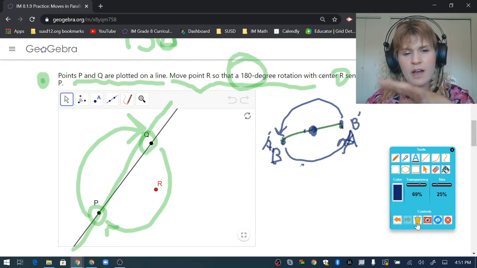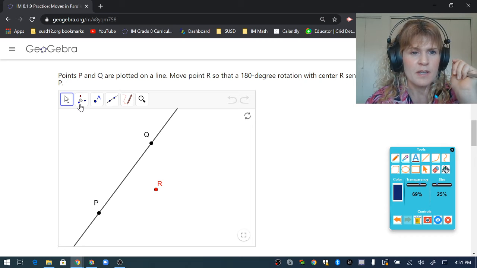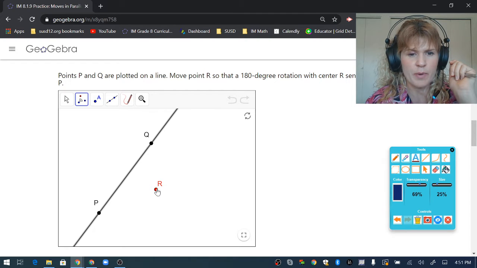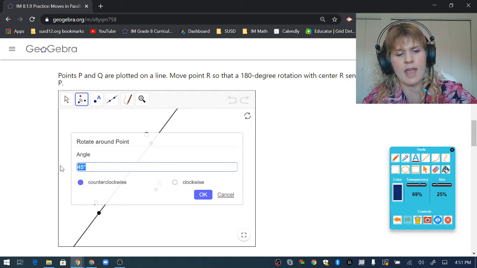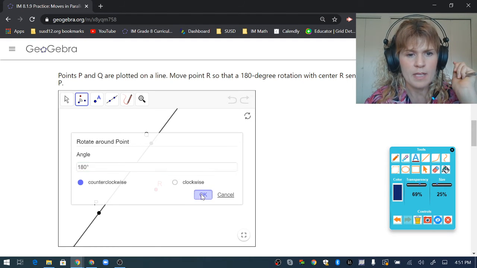Let's try it. I'll erase all my markings to clean up the screen. Okay, so let's try this. First, get the Reflect About Point tool. Click the line segment and then click the point. Ding! And type in the angle that we were told, 180 degrees. Hit OK.